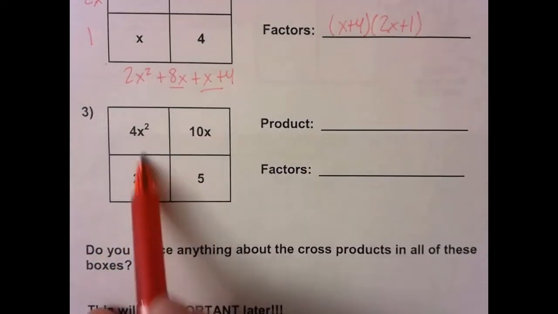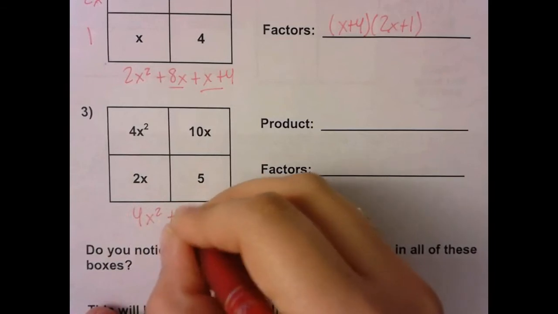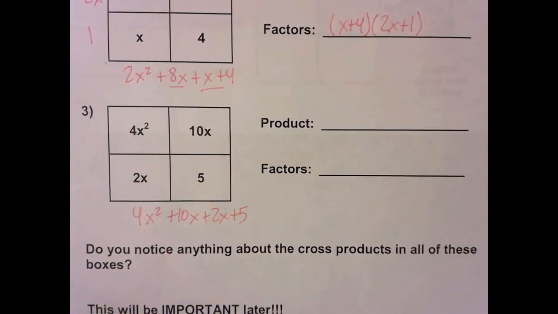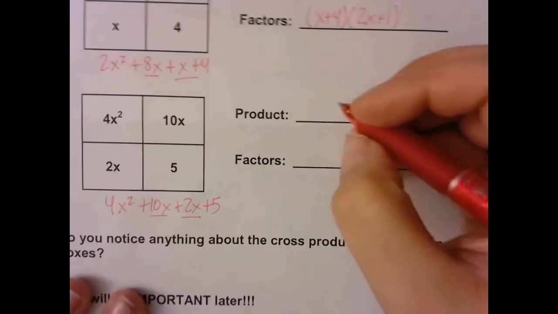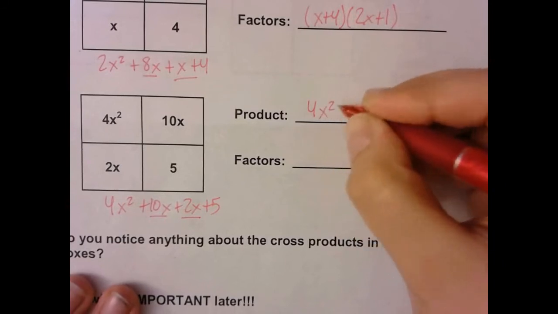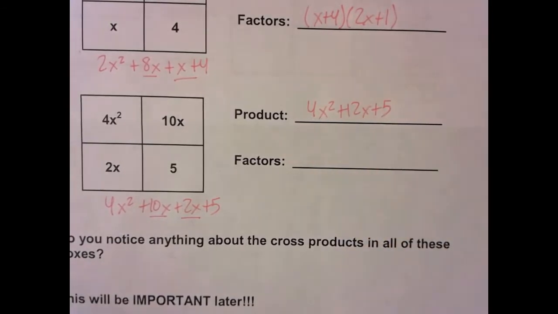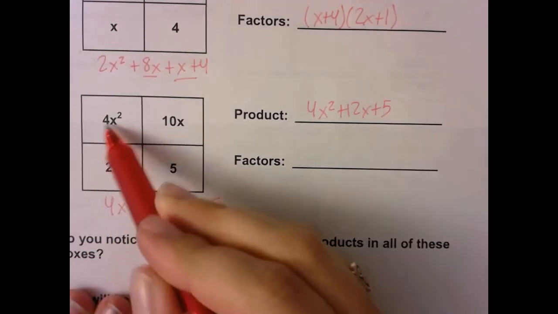So first, write this out so we can figure out our product. Find your like terms and simplify it. Okay, ask yourself, what do 4x squared and 2x have in common?